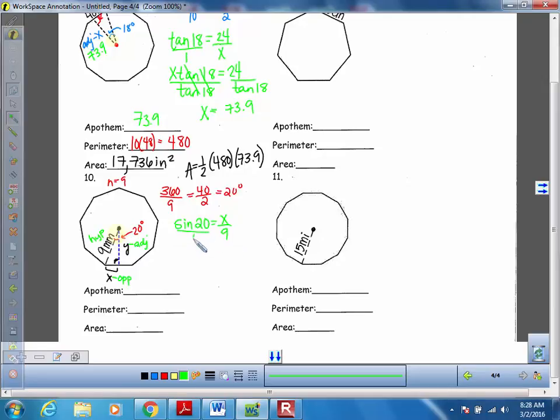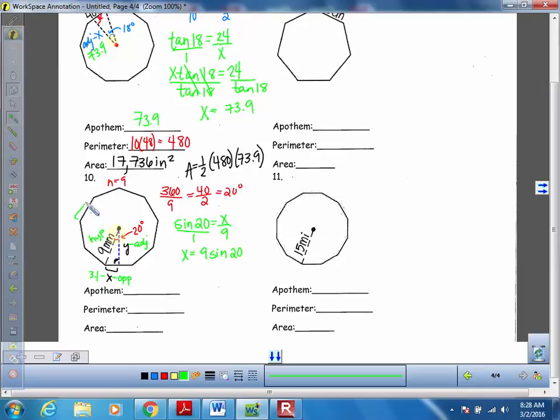I'm going to make both sides a fraction and cross multiply. So I end up getting x equals 9 sine of 20. If you plug 9 sine 20 in, you end up getting 3.1 as x.